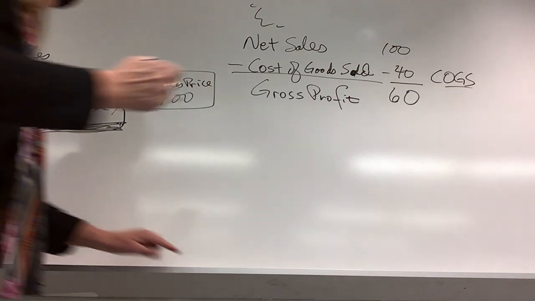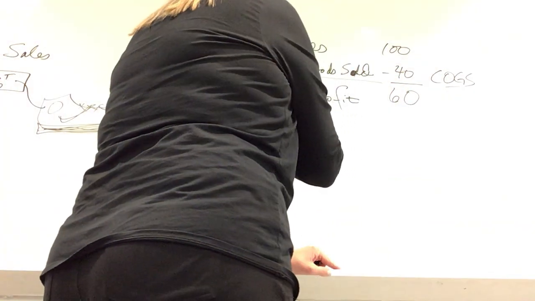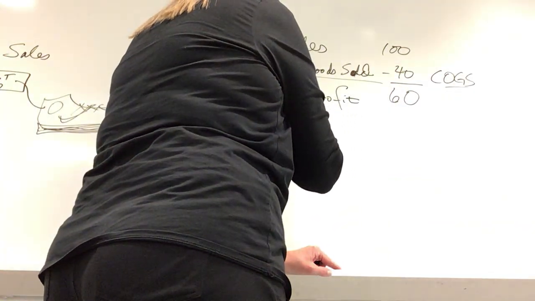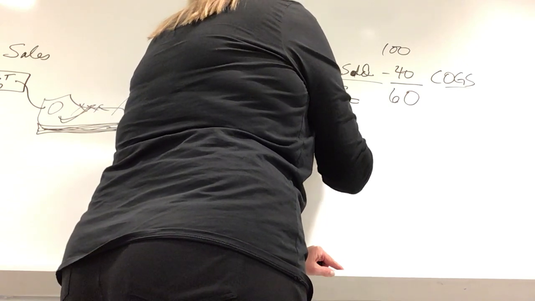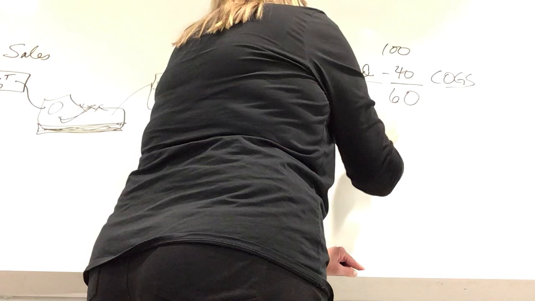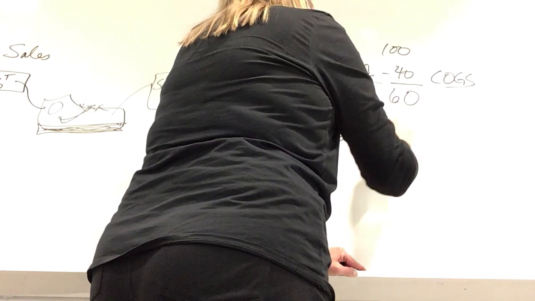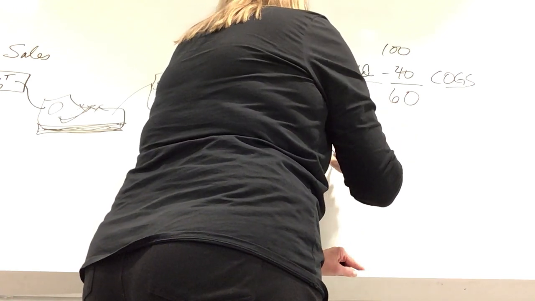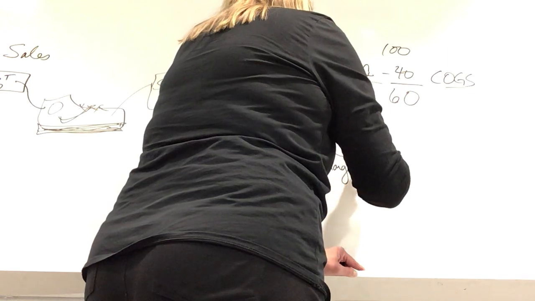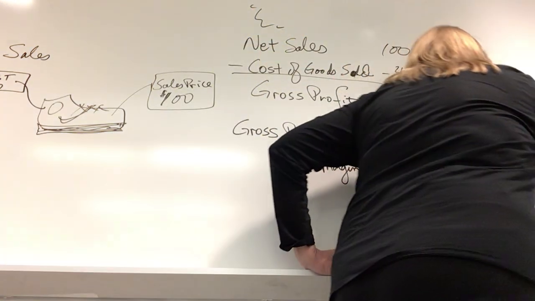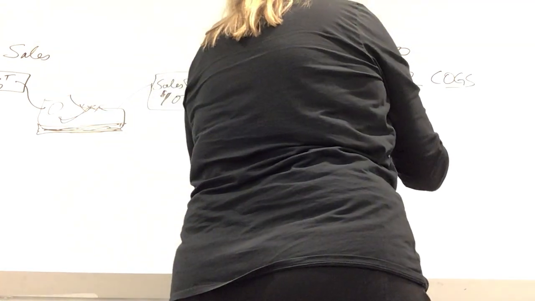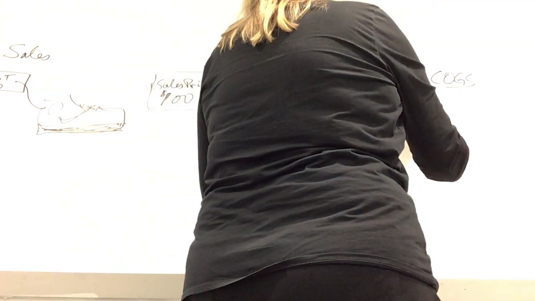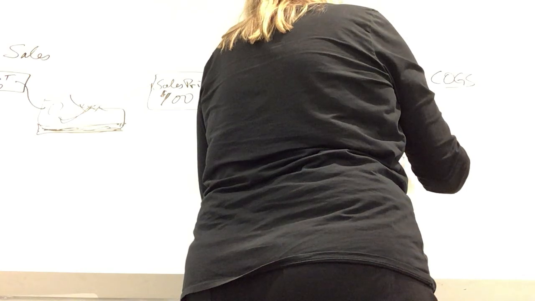And sometimes we turn this into a percentage, the gross profit rate. Sometimes we put the word margin in there, gross profit margin rate, and that is equal to gross profit divided by net sales.